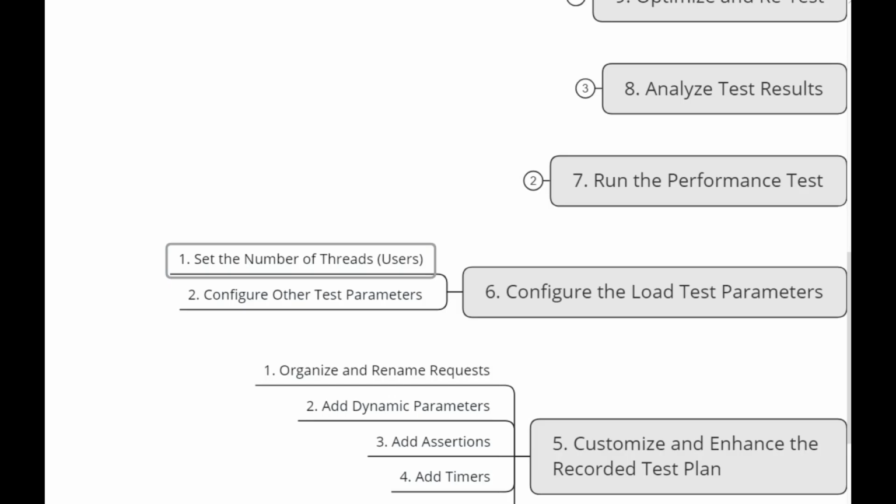But we can configure 100 users with a 10-second ramp-up period, which will start 10 users per second. And configure other parameters like ramp-up period, the time JMeter takes to start the total number of threads, and loop count, the number of times to execute the test plan for each user.